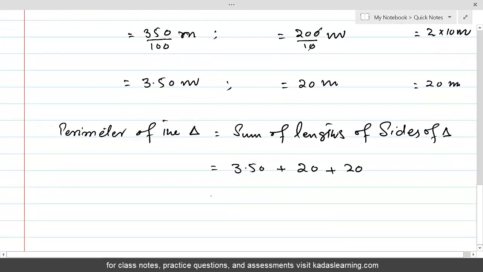At the end you can add them up and this will become 43.50. Because each of the lengths is in meters now, you can place meters at the end, and that is the required perimeter.